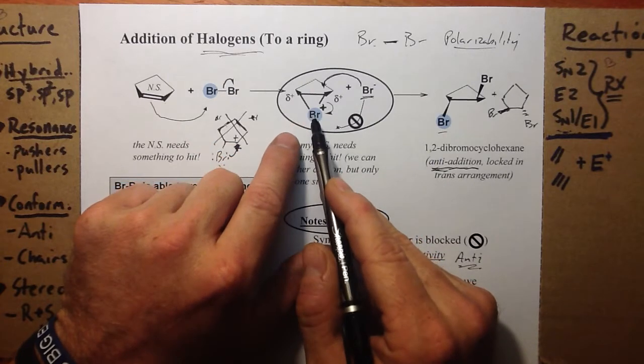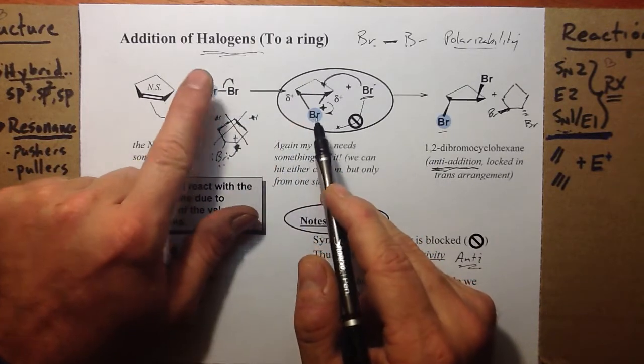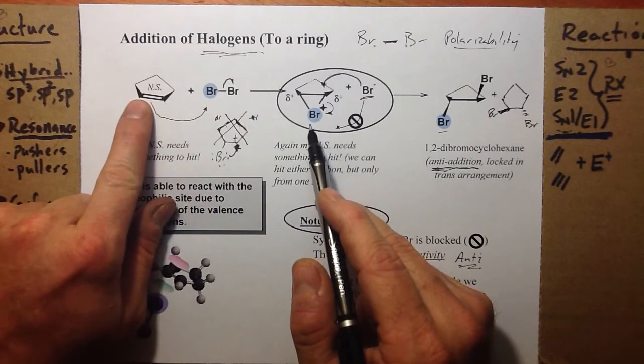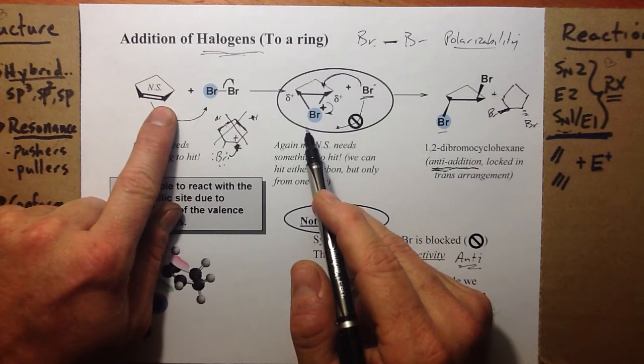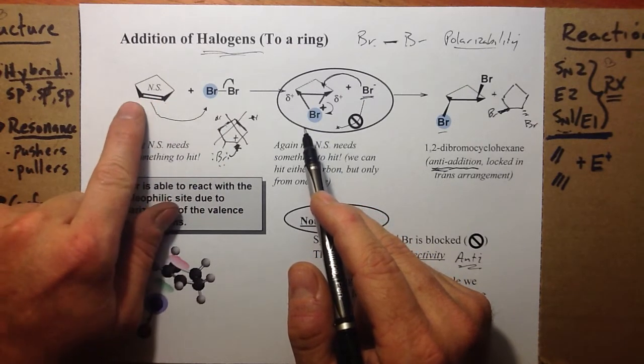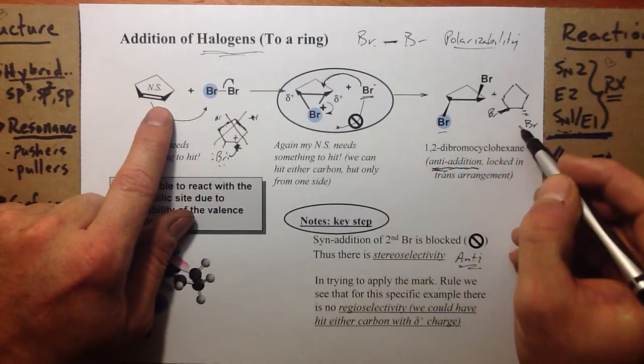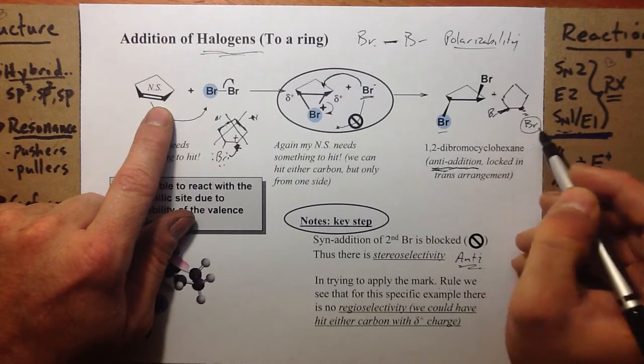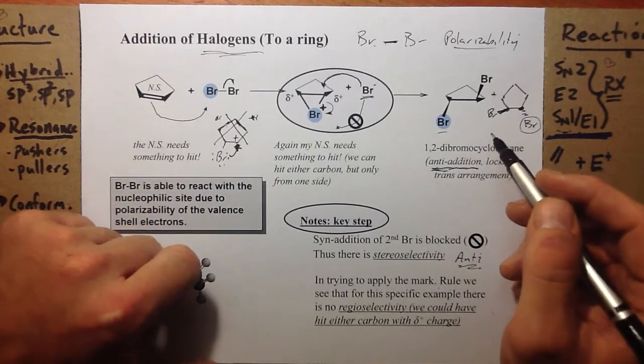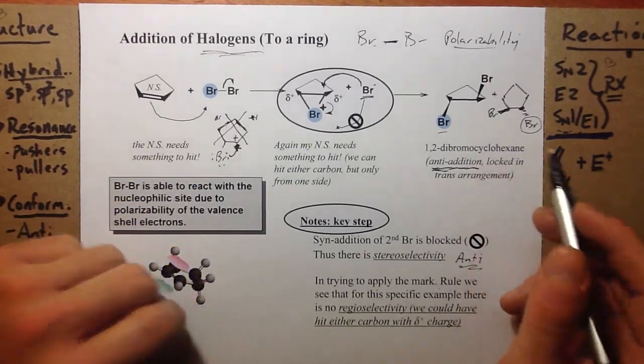We couldn't say that this bromine, the original electrophile, has to be here or here. It didn't have to be. It could be connected in the end to either one, so we had it here on the left or here on the right. There is no selectivity. You have to consider both directions.